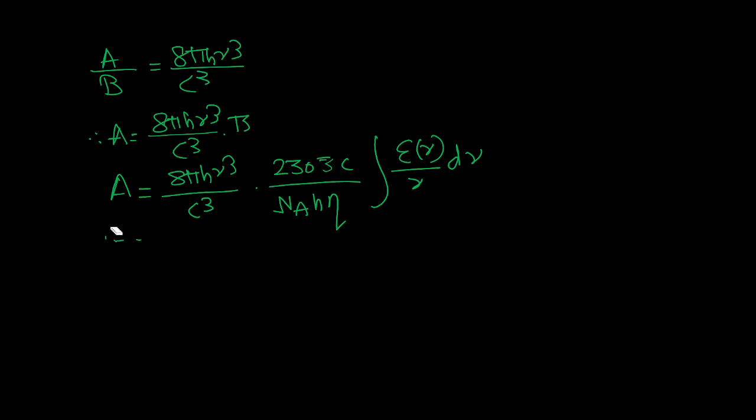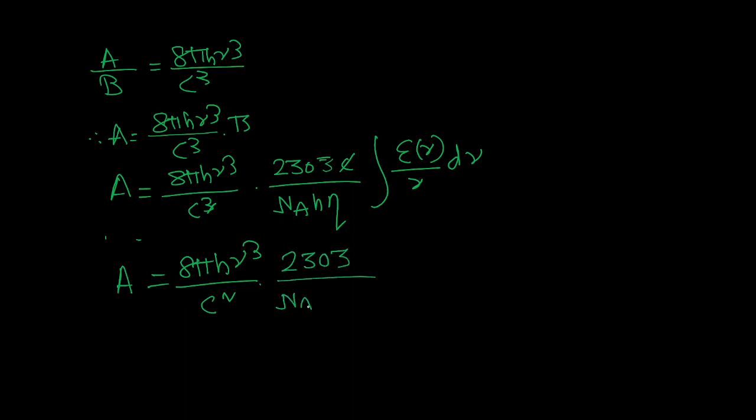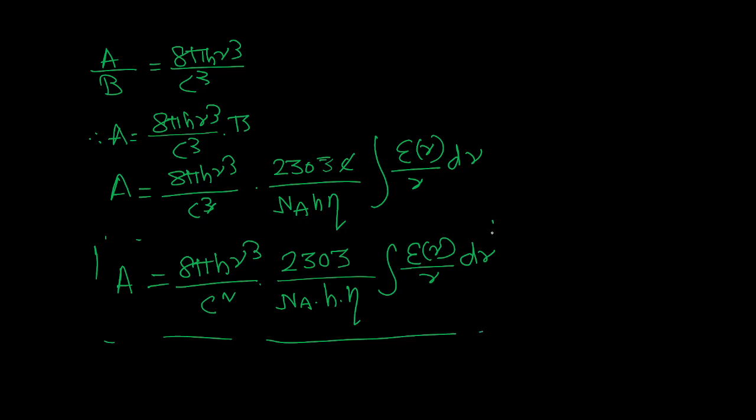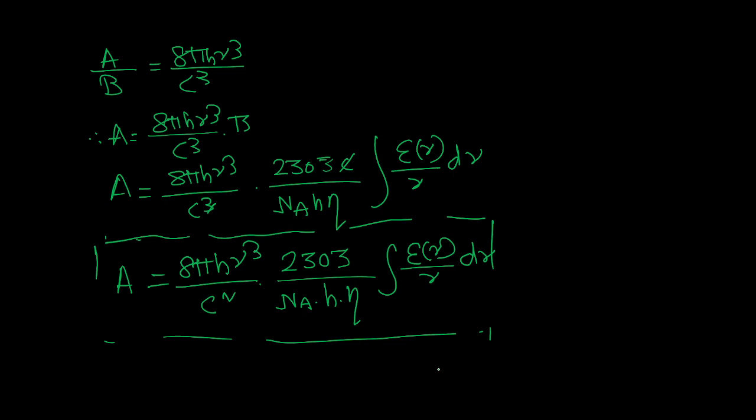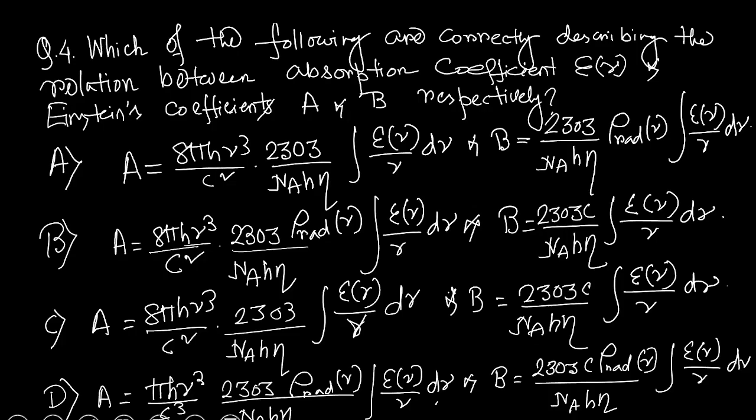Okay. So your expression of A is this. Now we can remove one of these. So this is the expression of A and this is the expression of B. Both of them don't have any radiation density. So options A and B are not valid.